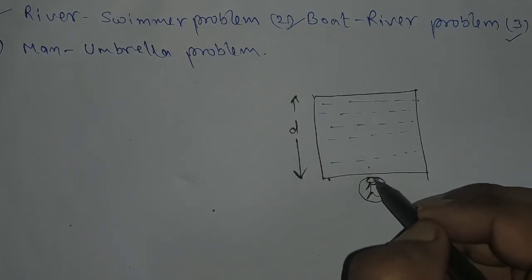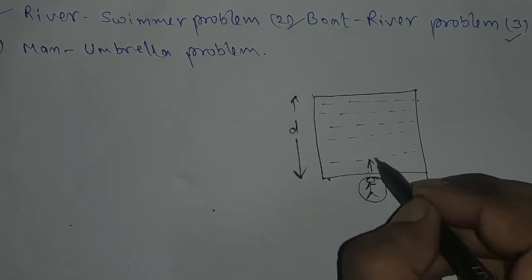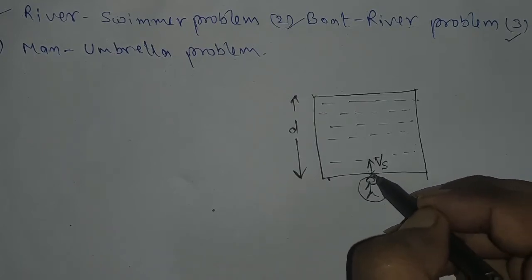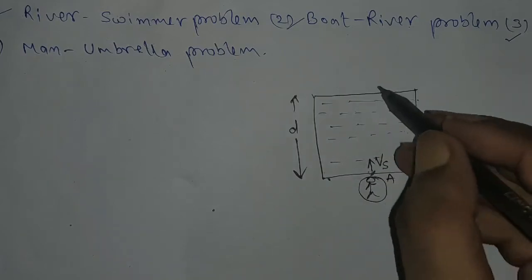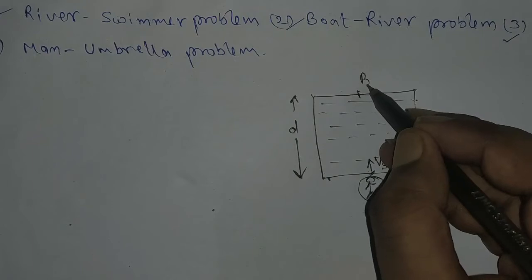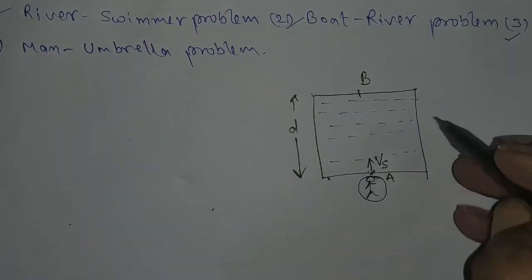So students, he will jump in the pond and will swim with velocity Vs, the velocity of the swimmer. Suppose this is the point A, he will just reach the point B, just opposite to the point A, without any drift, because water is still.